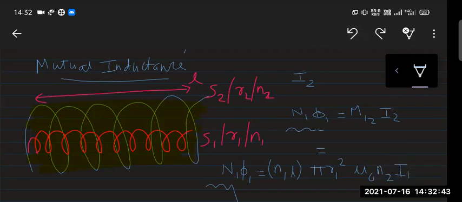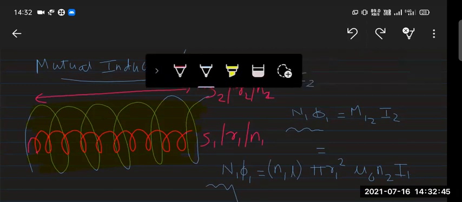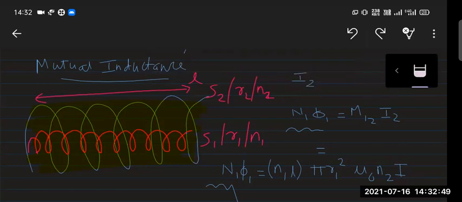This has to be I2. Now this is the flux linked with the inner, smaller coil when you are allowing current to pass through the outer coil.